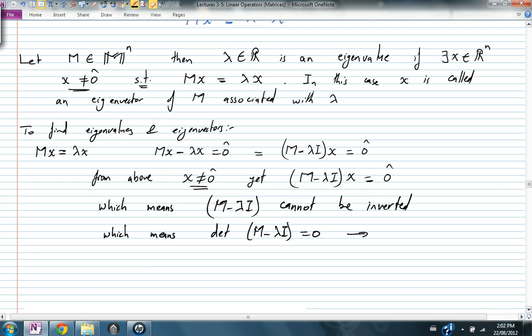If you solve this equation, you find the eigenvalues.